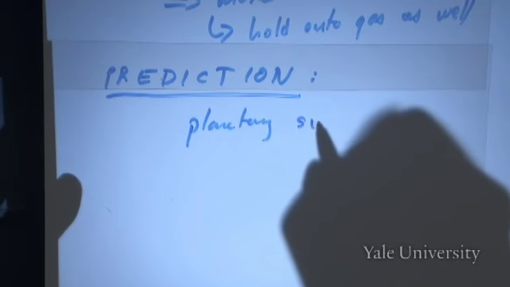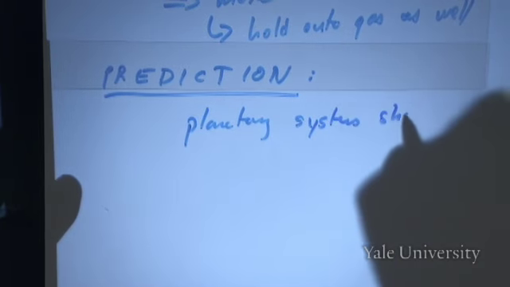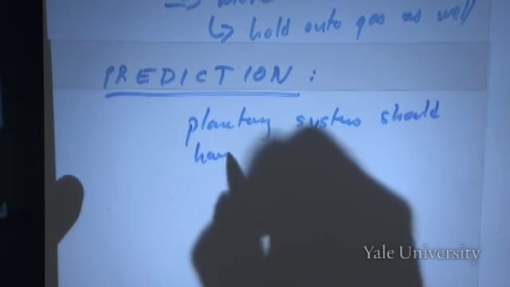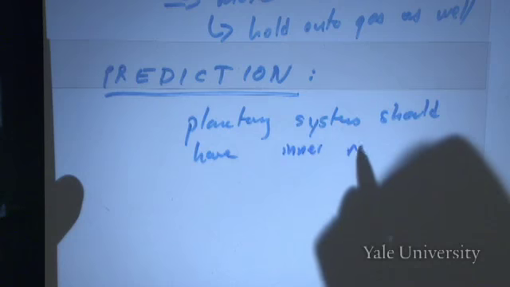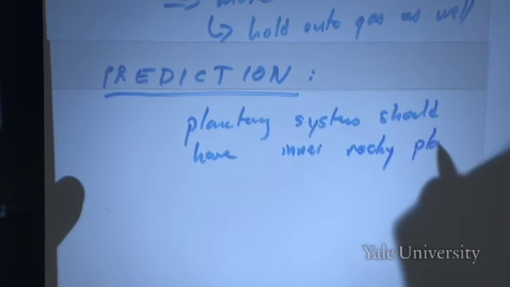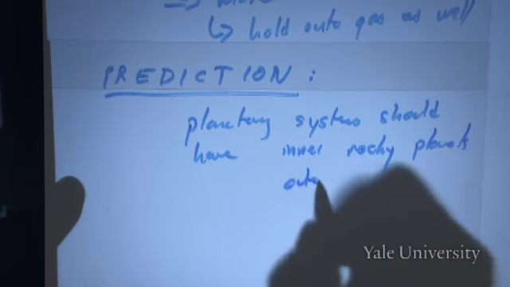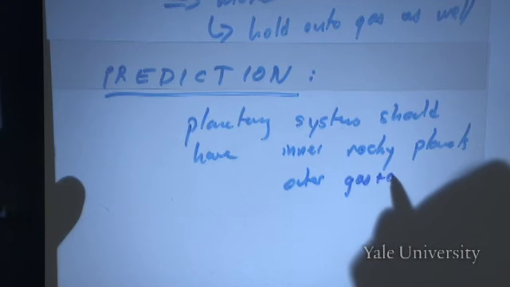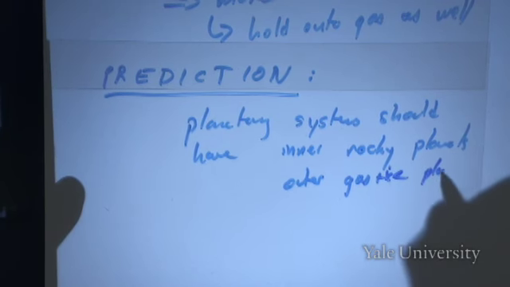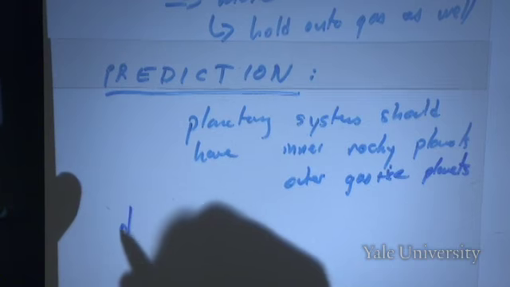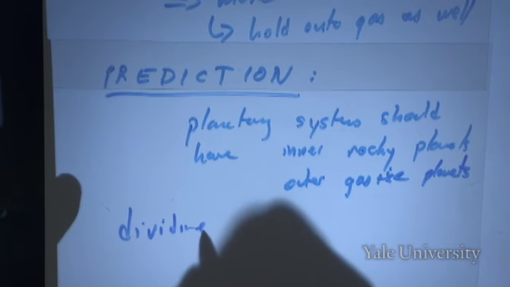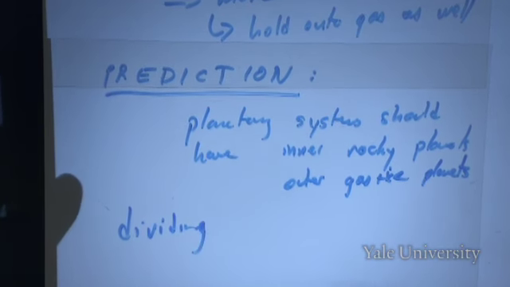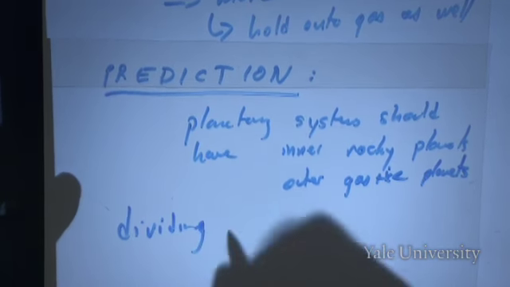So planetary systems should have inner rocky planets and outer Jupiter-like planets, sort of gas plus ice sorts of planets, much bigger. And the dividing line between these two kinds of planets is determined by temperature.